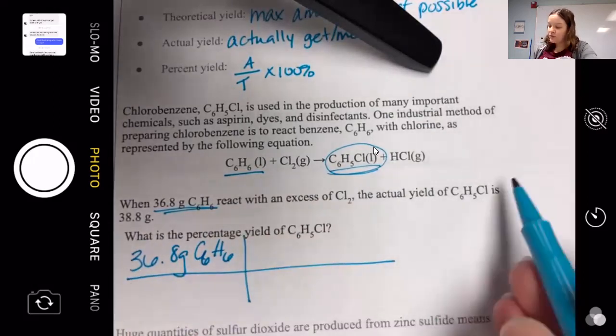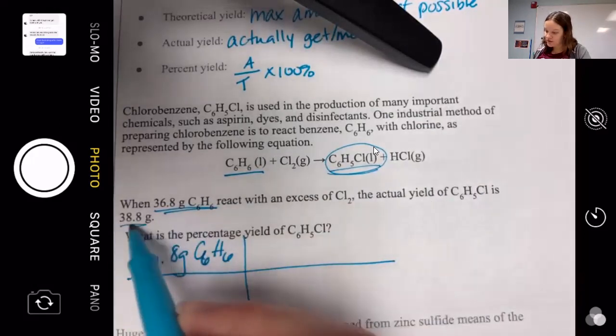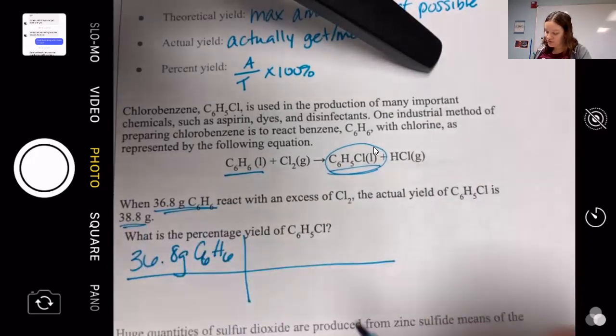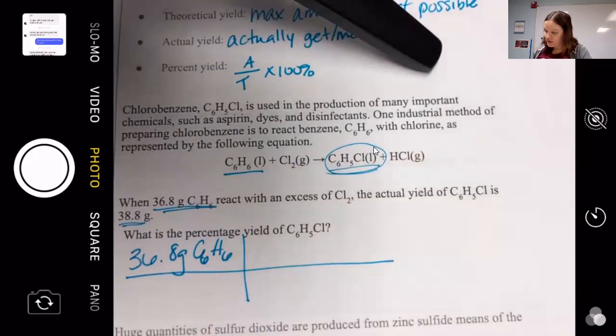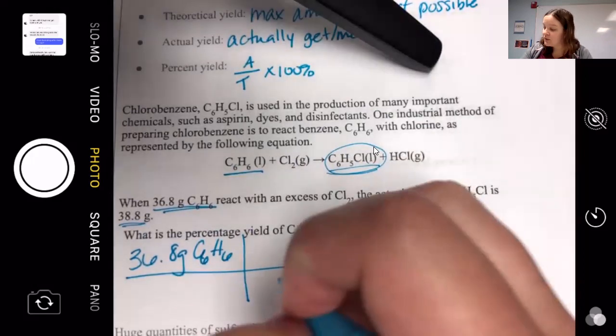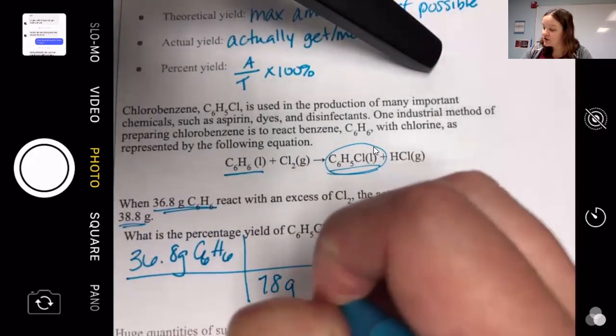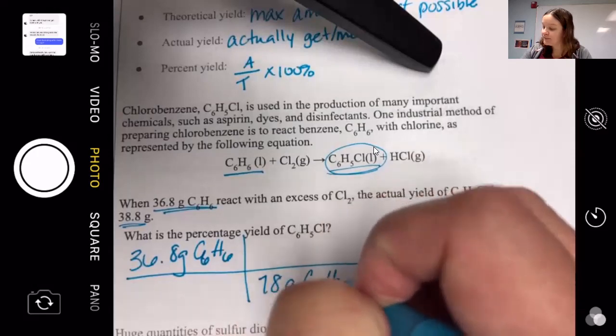So I need a molar mass conversion first. 12 times 6 plus 6, 78 grams in 1 mole. And then we do our mole ratio, which just happens to be 1:1 here.